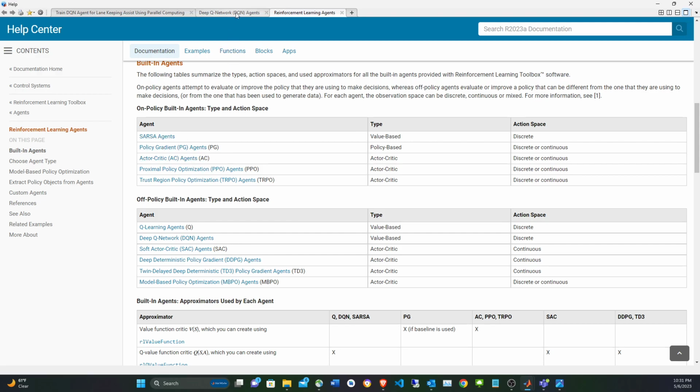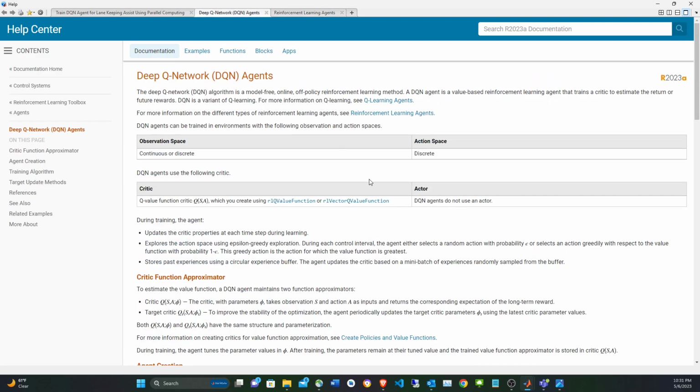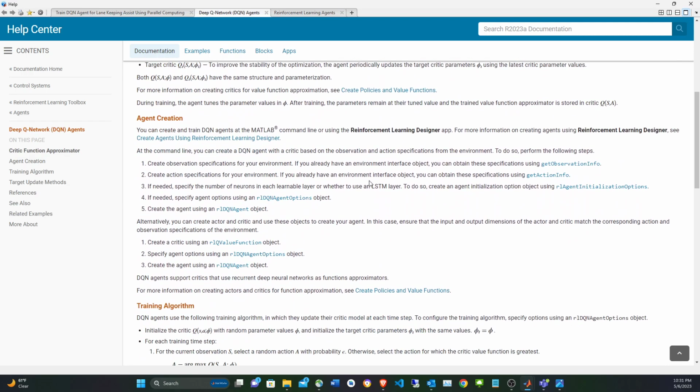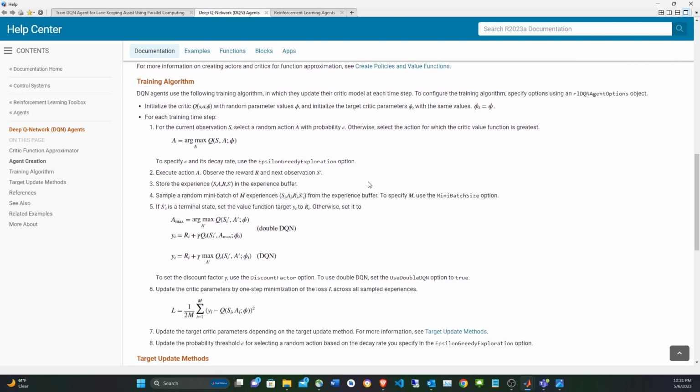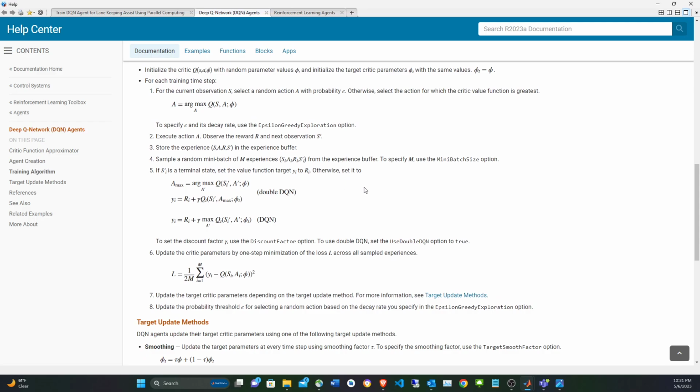Okay, now let's go to some details of the DQN agent, of how the training, the learning, is done for this agent. As mentioned before, it depends solely on the Q function. So it's going to take the action that is going to maximize the long-term reward according to this function, how that function models it.